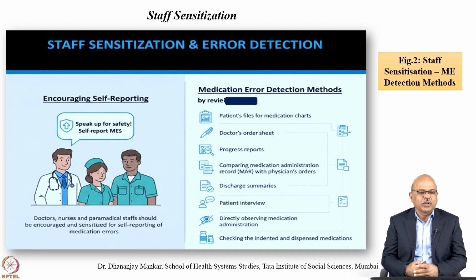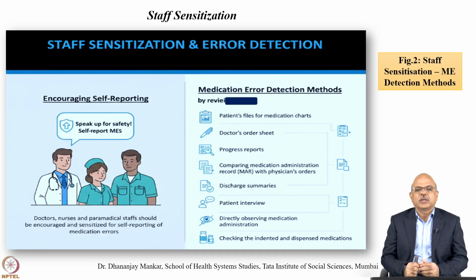Self-report of medication error: the doctors, the nurses, and paramedic staff should be encouraged and sensitized for self-reporting of medication errors. They need to have a culture of communicating it, discussing it, and they also need to be supported if they are ready for reporting it. I mean to say they should be encouraged to do that.